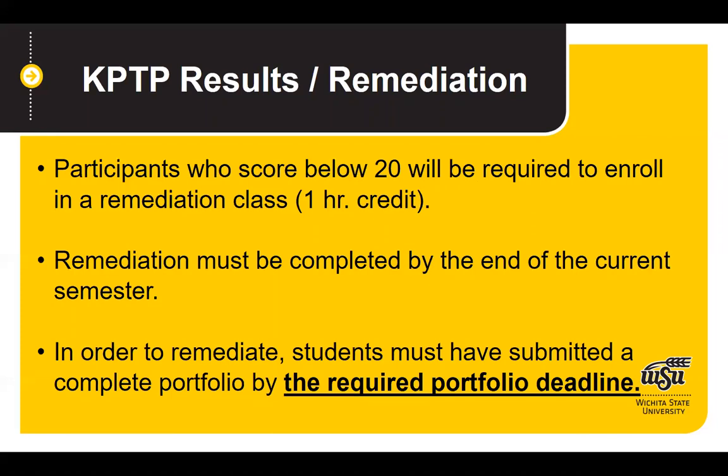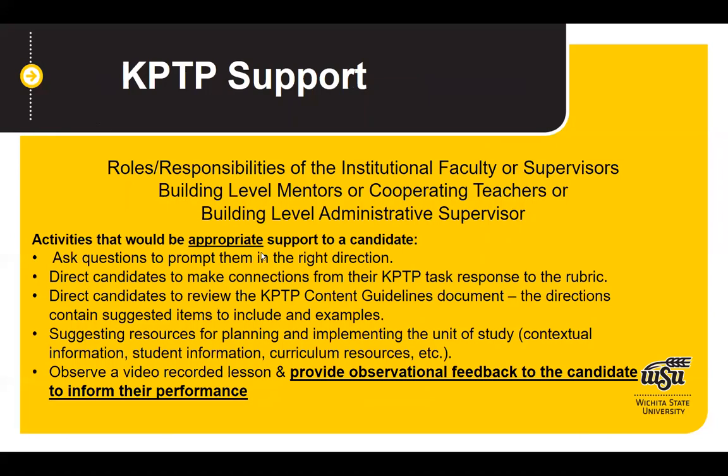You can only remediate if you have submitted a complete portfolio by the April 8th deadline. If you do not submit a portfolio by the April 8th deadline, remediation is not an option for you, and I will discuss further what those options are.